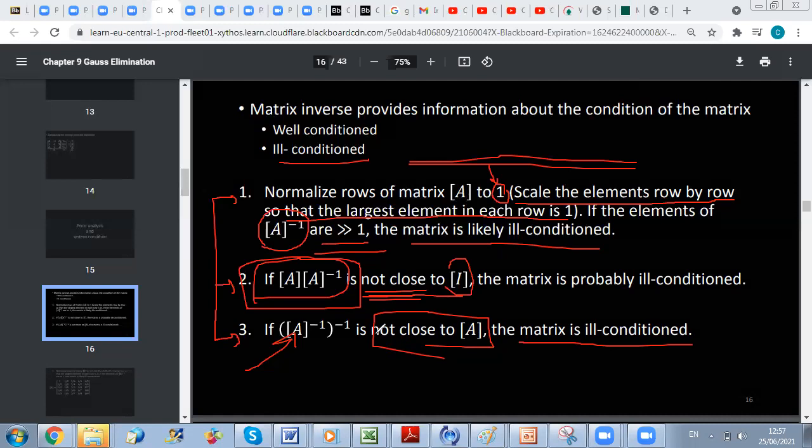But to be sure of the degree of illness, we will develop together next time a method to calculate the condition number. And the condition number will give us, if you want, a precise method to evaluate the degree of illness of a certain matrix.